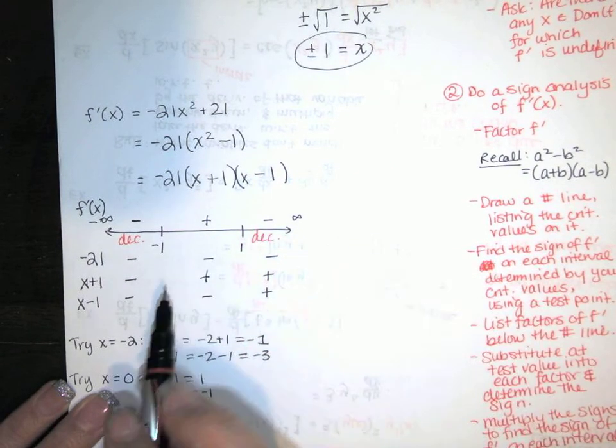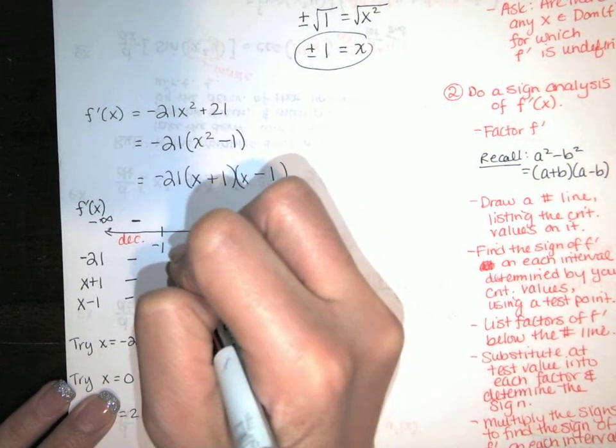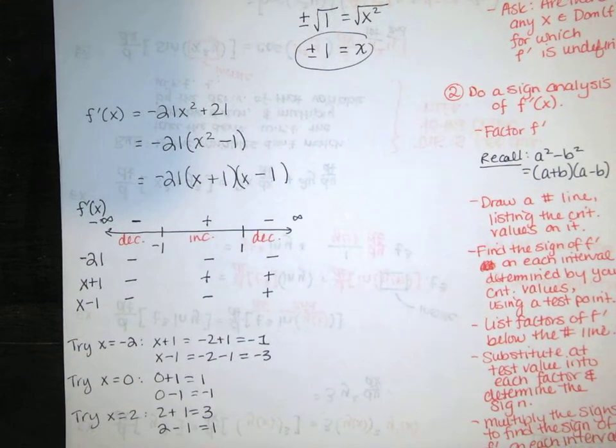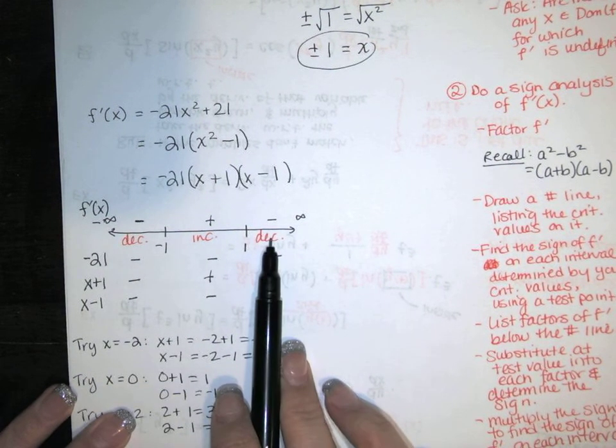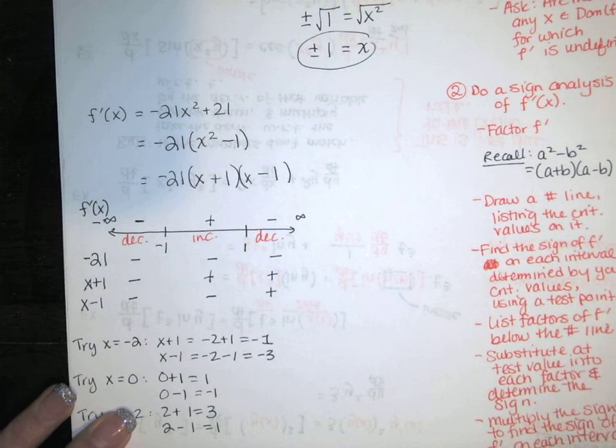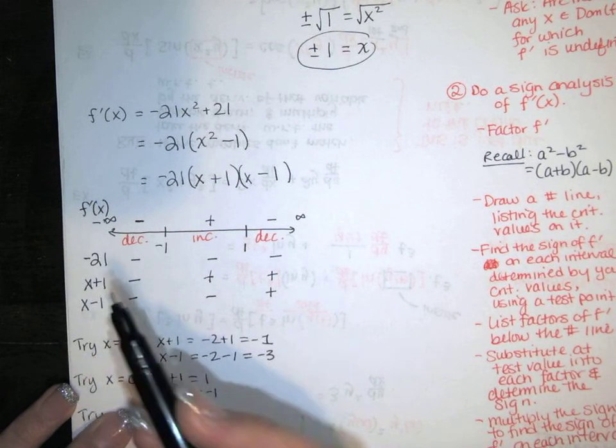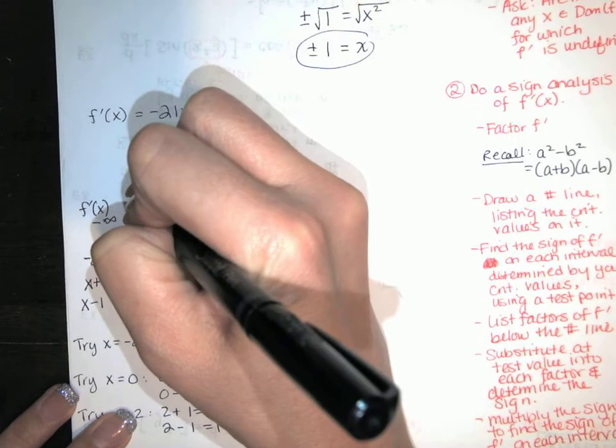And where is it increasing? Well, it's increasing over here. Now again, when they ask you that question, find the open intervals where the function's increasing or decreasing, they're asking for an interval of x values. You're going to use the x values shown on this number line. So the function's decreasing over here, so maybe it looks like that.